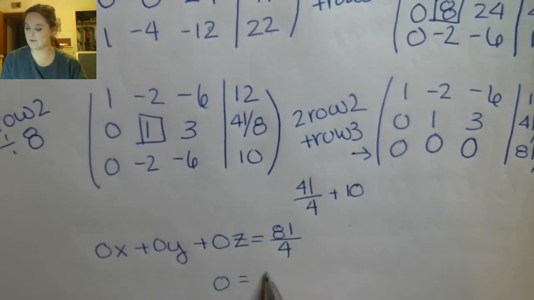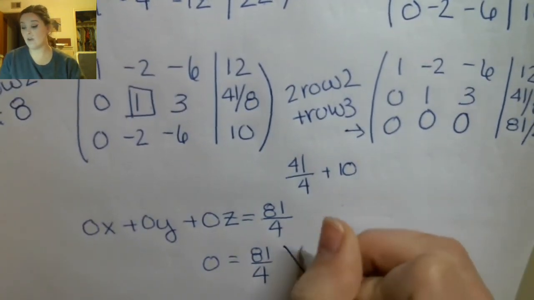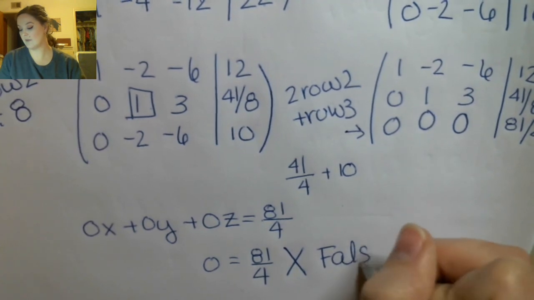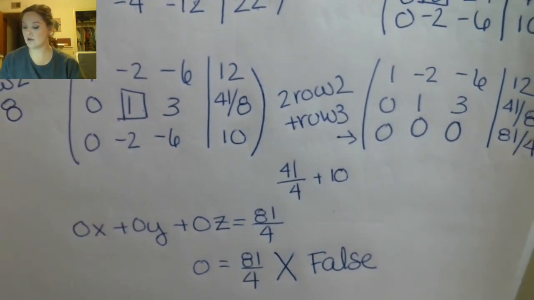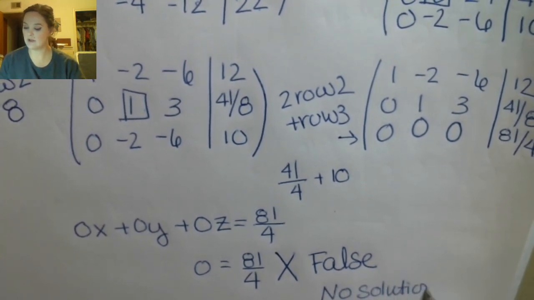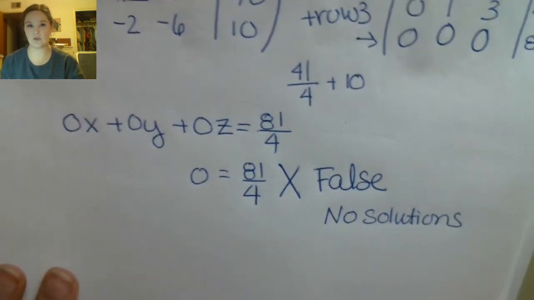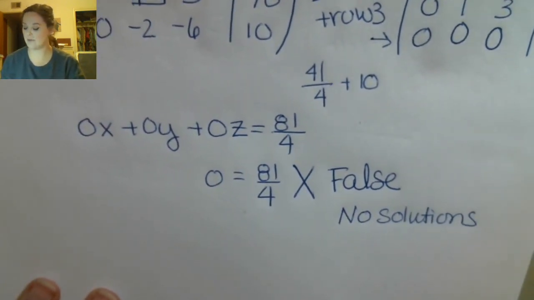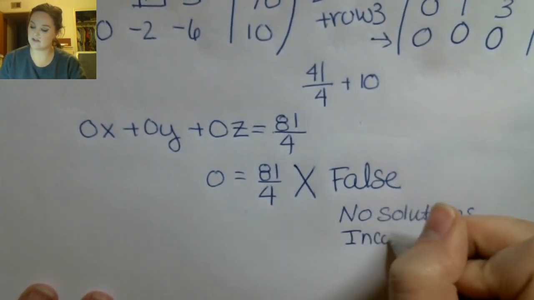So 0 equals 81 over 4. Now that's obviously false. Okay. And what that means is that there are no solutions to this. Okay. And if you remember our vocab from the first video about this topic, right? When there are no solutions, we say that the system is inconsistent.